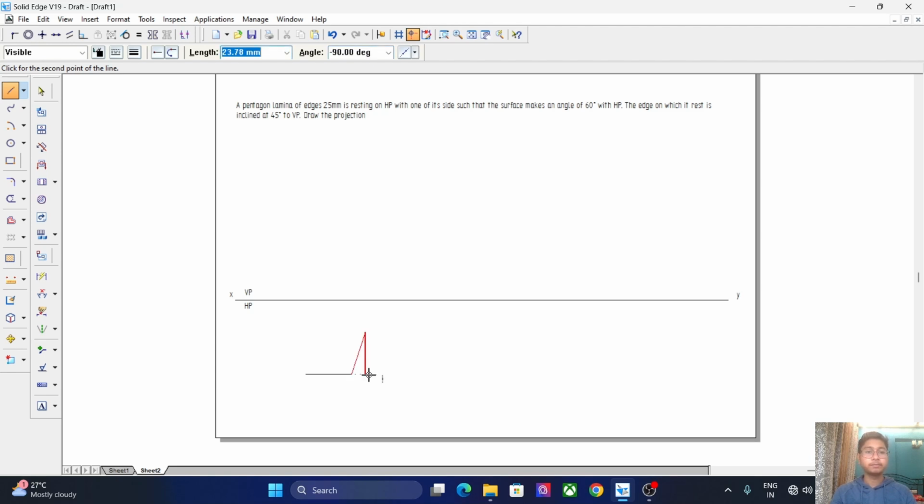For the next side we'll use the same length, but the angle would be 72 into 2. Similarly, as we go, 72 into 3, 72 into 4.